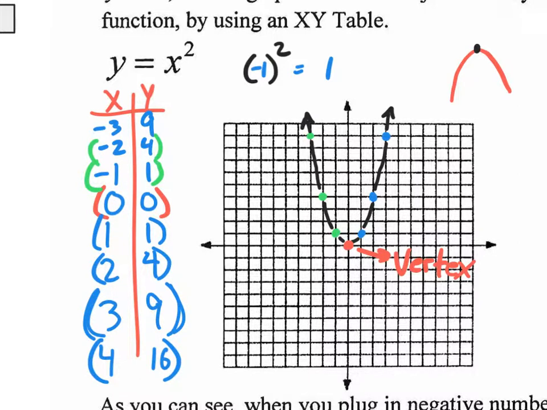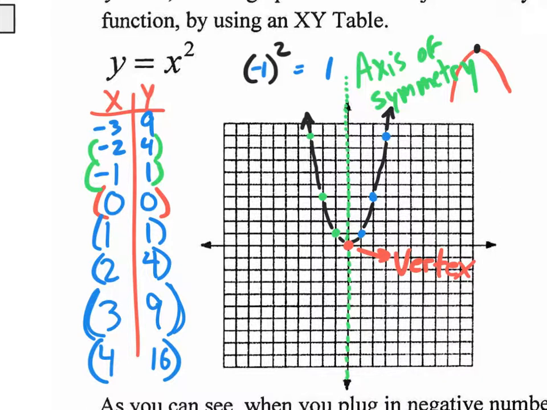Through the vertex, there's a vertical line, and we're going to call that vertical line the axis of symmetry. So I'm going to draw a dotted line going right through the vertex. It's going right through, up and down, right through the vertex. That's called the axis of symmetry. Why?